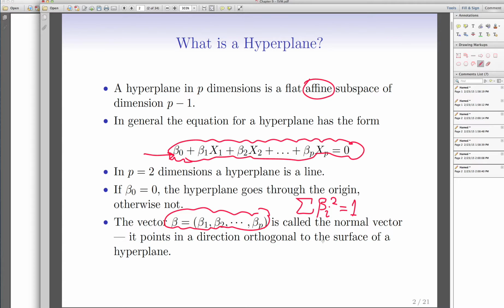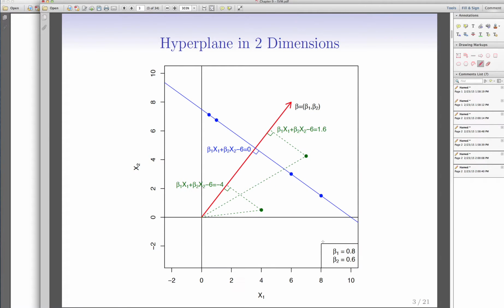Let's see what orthogonality means. Here, this blue line is 0.6 x1 plus 0.8 x2 minus 6 equal to 1.6. So this is the blue line. Why do you see a negative slope?